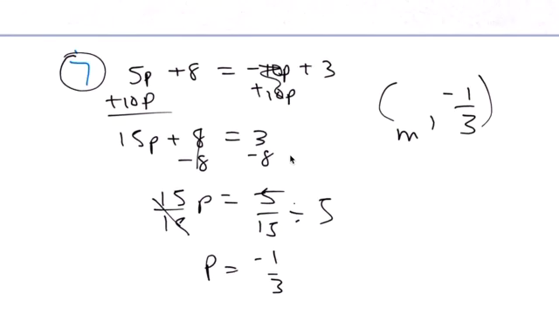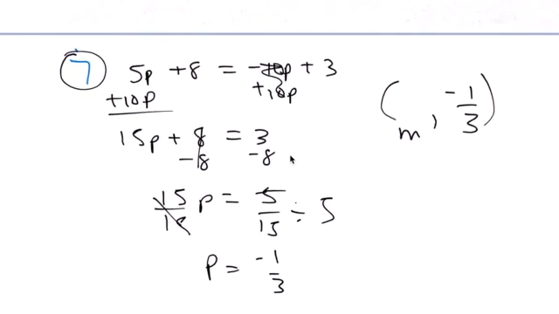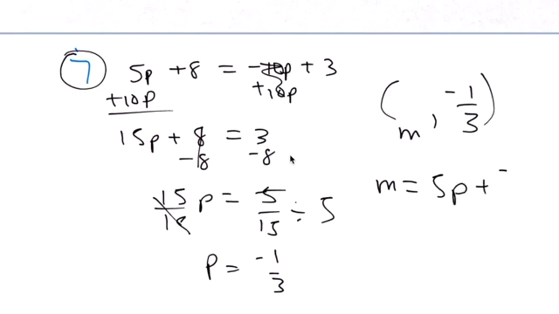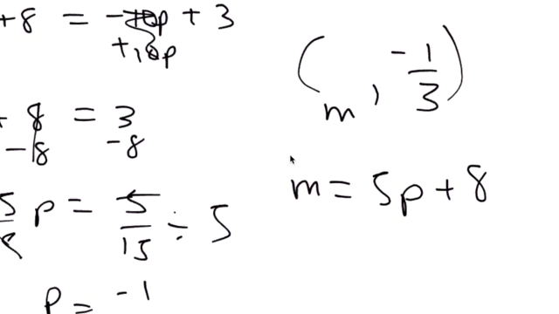And then I would choose m equals 5p plus 8. Yeah. Then I put this into there. M is equal to 5 times negative 1/3 plus 8.